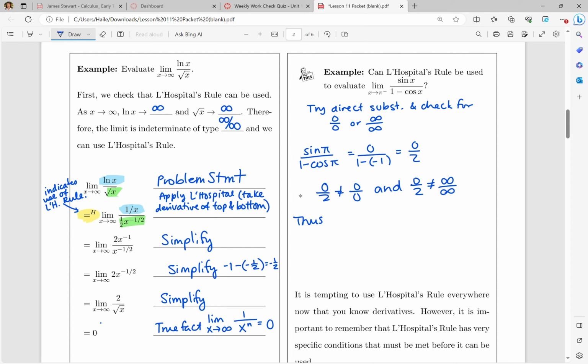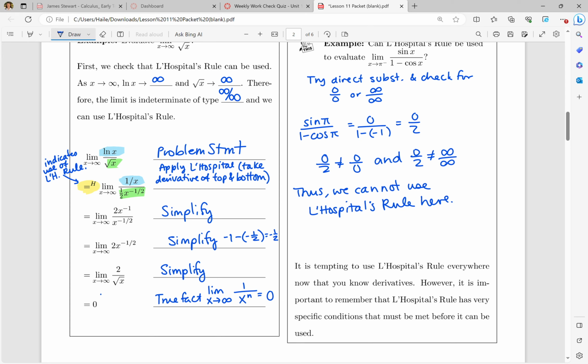Thus, we cannot use L'Hopital's rule here. And actually, we wouldn't want to anyway, because when we substituted this in, we got 0 over 2, which is just 0. So that's the answer to our limit, and we don't actually need an extra rule to deal with that.